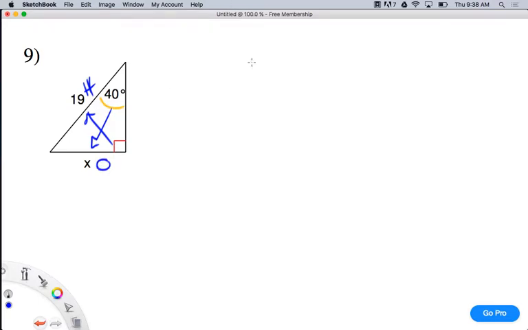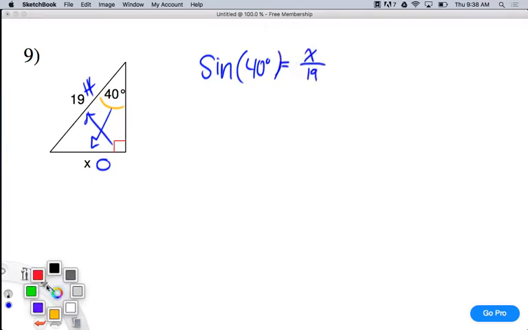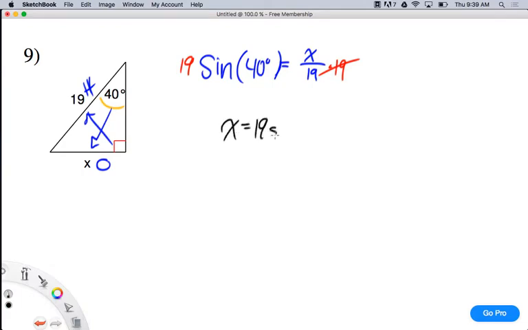Sine. So sine of 40 degrees equals opposite over hypotenuse, so x over 19. I multiply both sides by 19, and I get x equals 19 times sine of 40.